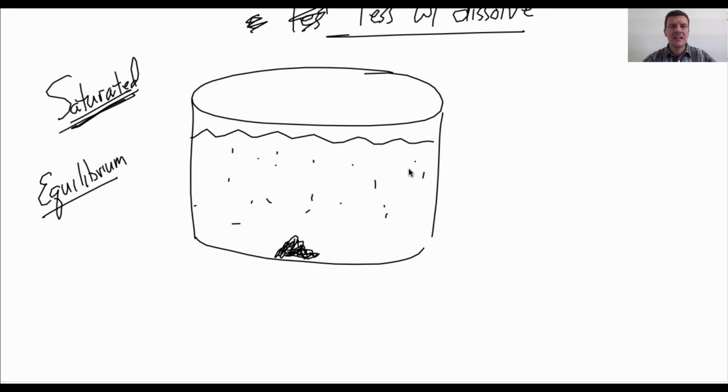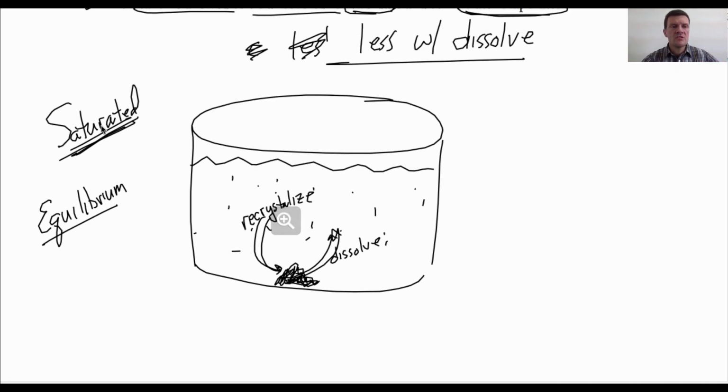All it means is that any time that you have crystals that are going to dissolve, you are going to have the same number of crystals recrystallize, or same number of particles, okay? There is a constant flow from one to the other. But once you have reached saturation, the two directions are going to be equal in their rate.